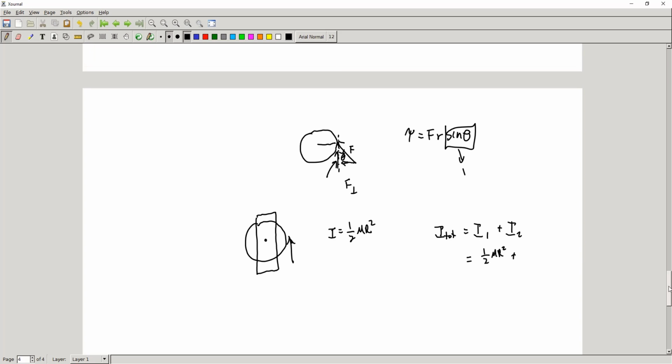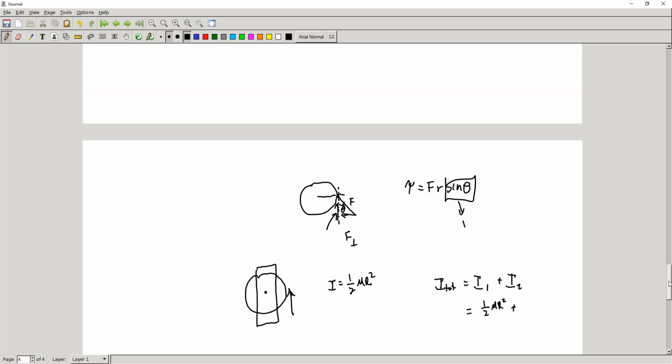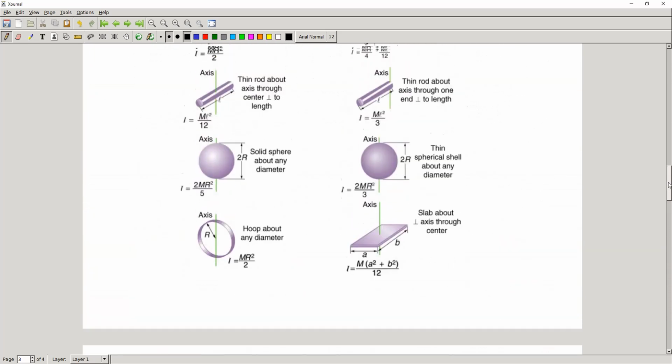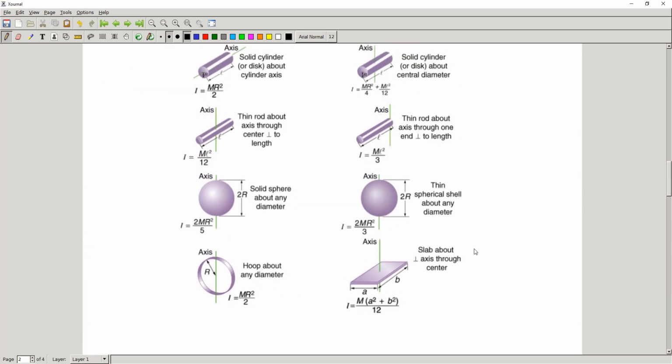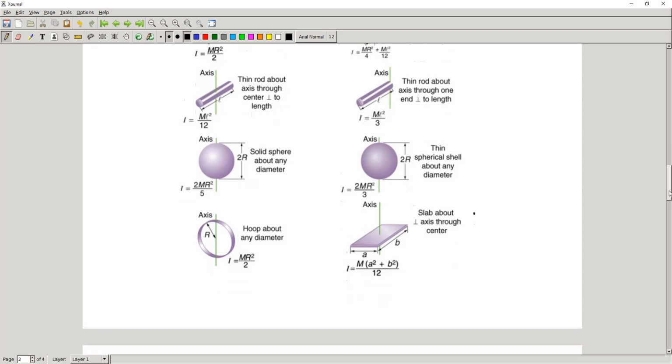Well, if we knew the length and the width of the board and we knew its mass, we could come up here and say, oh, well, this is basically just a slab through an axis perpendicular to it. We know what a and b are, and we would know the mass of it, and it would just be m times a squared plus b squared over 12, right?